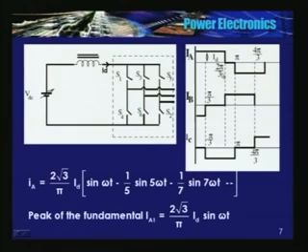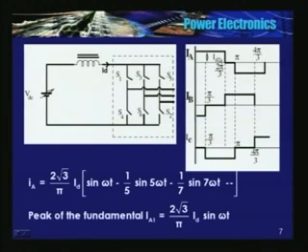For 2 pi by 3 it is VDC, from 2 pi by 3 to pi it is 0, and again from pi for another 120 degrees it is minus VDC. This is the line to line voltage waveform in a 6-step inverter, wherein each device conducts for 180 degrees.